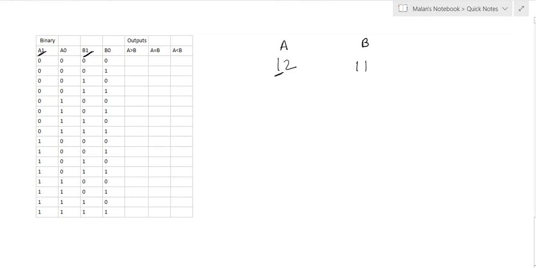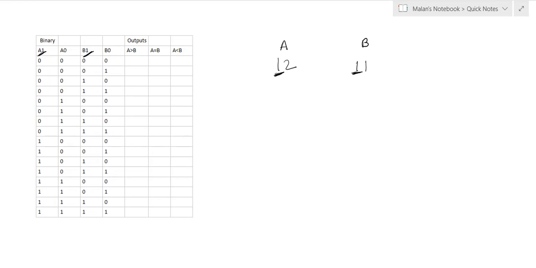The most significant bits of the variables A and B are going to be compared first. In 12 and 11, the most significant digit is taken into consideration. Now A is equal to 1 and B is equal to 1. Both the numbers are the same, but the number of digits are not completed.